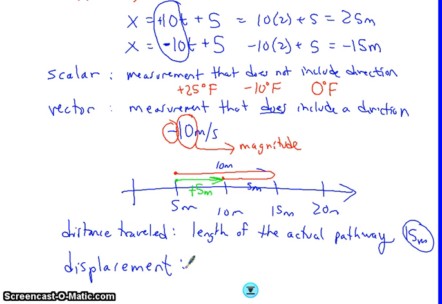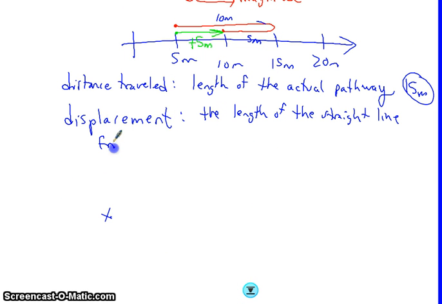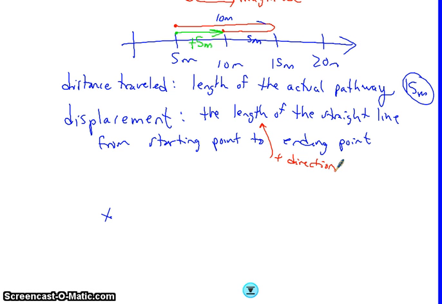And displacement is the length of the straight line from starting point to ending point. And you know what? I should have said the length plus the direction, because it gives you the direction as well. In this case, it was positive 5.